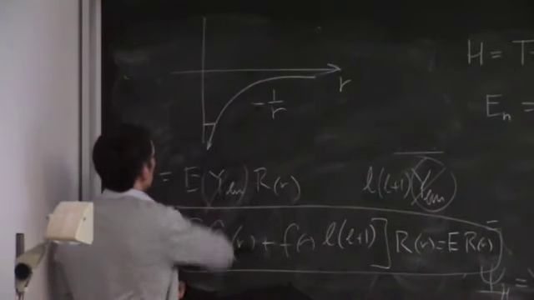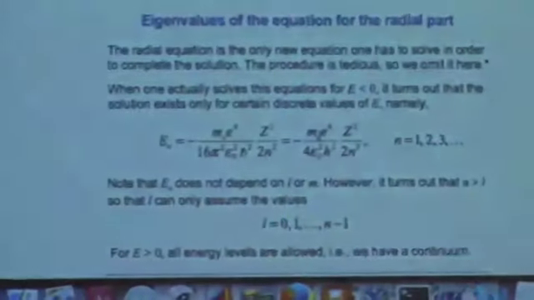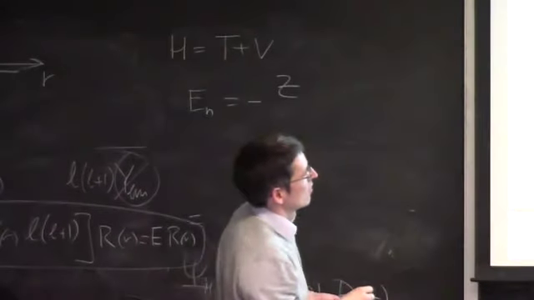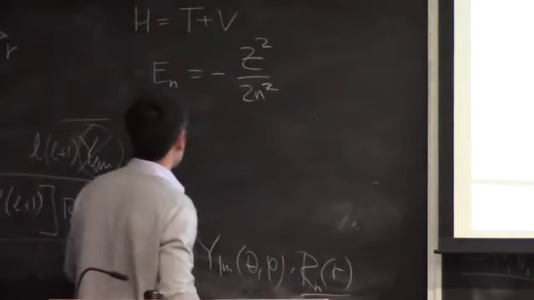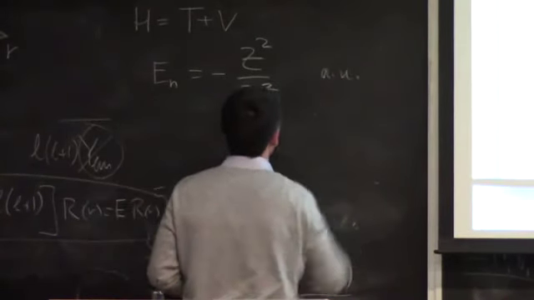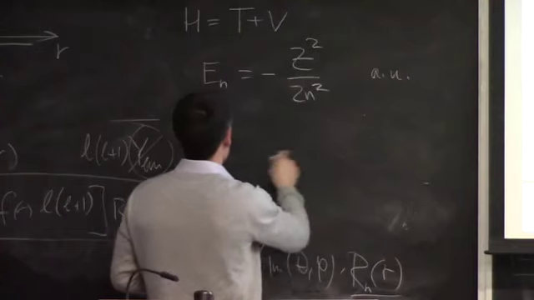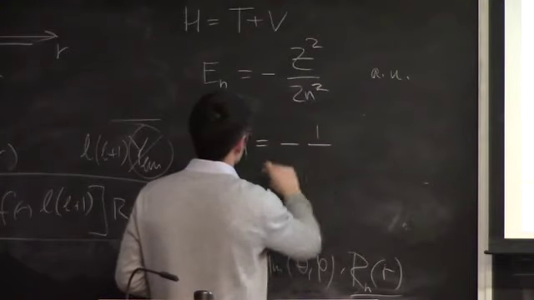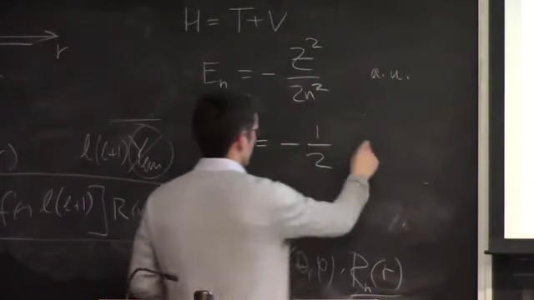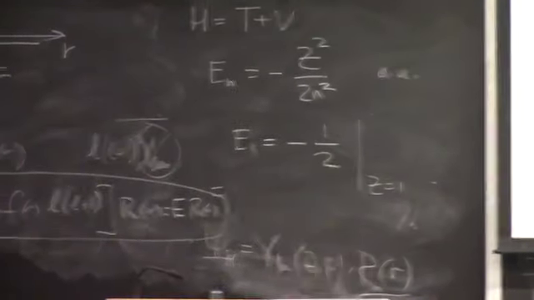So the first eigenenergy, which corresponds to n equals 1, is, let's keep the Z here, minus Z squared over 2n squared. That's the form of the energy in atomic units, where all the constants in front become 1. And so in this case, E1, the first energy, is the lowest energy, and it's minus 1/2, where we assume Z equals 1.